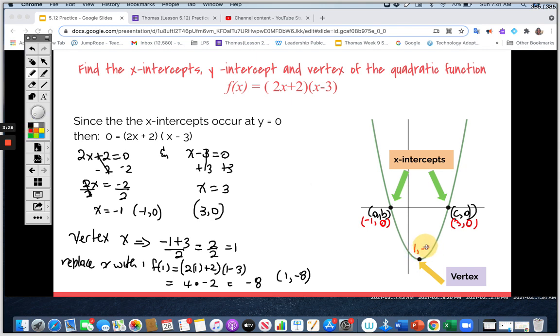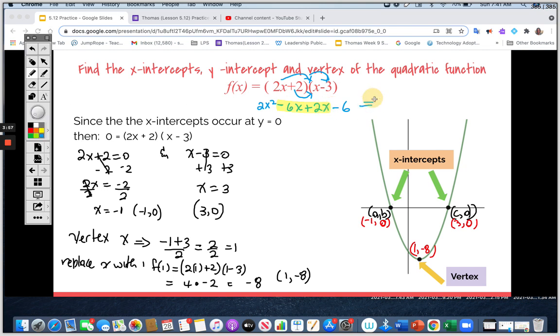And then my y-intercept is just found by using the distributive property or the box method. So that's going to be 2x squared minus 6x plus 2x minus 6. And I'm going to combine my like terms, which is negative 6x plus 2x.